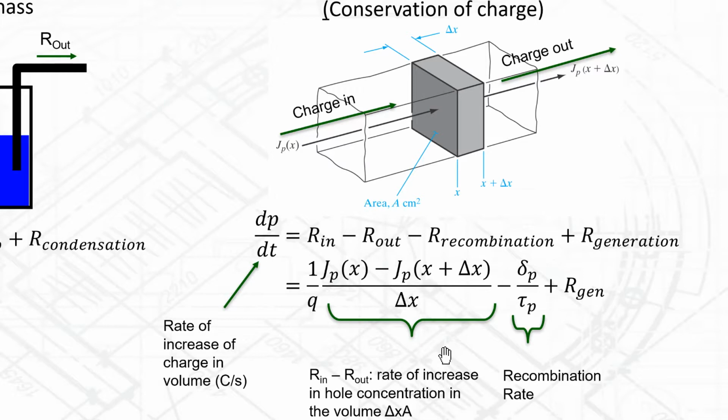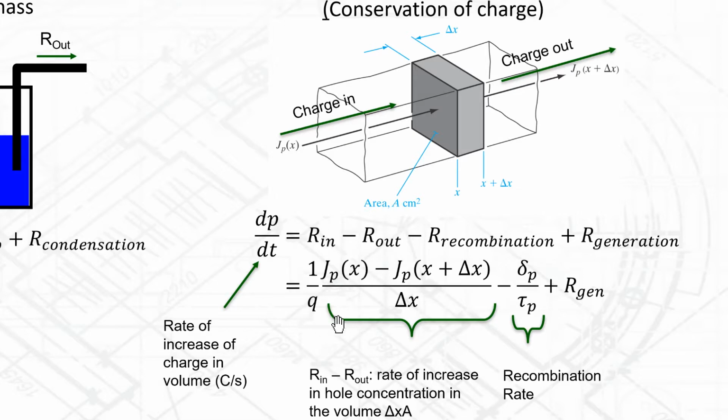The two negative processes that are removing charge from the material are this R out, so that's the current out, the Jp of X plus delta X, and then there's also a recombination process. It also has a negative sign associated with it. So now we take our understanding of those four processes that we talked about earlier, and we plug those into this equation.